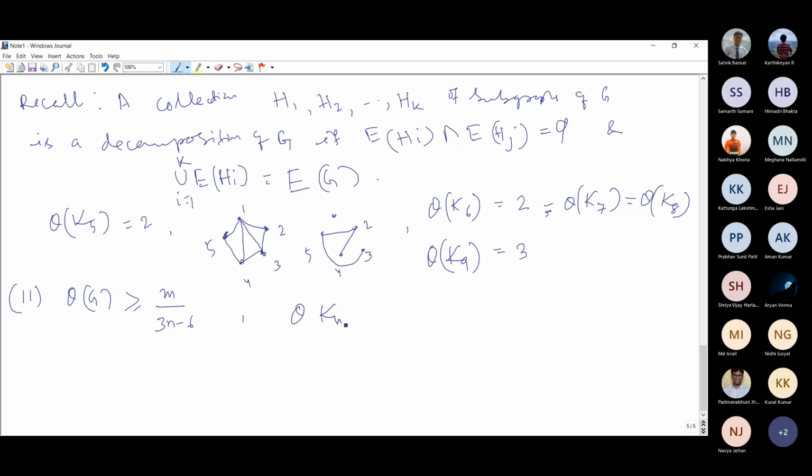For the thickness of Kn, I think there is a formula: the floor of (n plus 7) divided by 6, except for n equal to 9 and 10, where it is not satisfied. For these cases, the thickness of K9 and K10 is equal to 3. Otherwise, for other complete graphs, it follows this formula. If you are interested, you can search and think over these problems also.